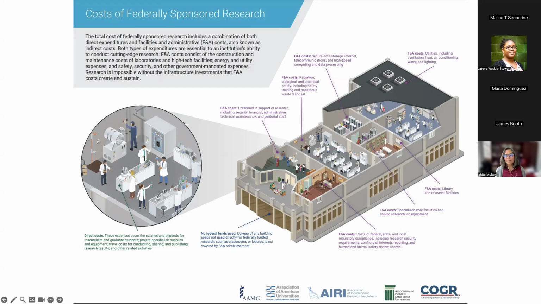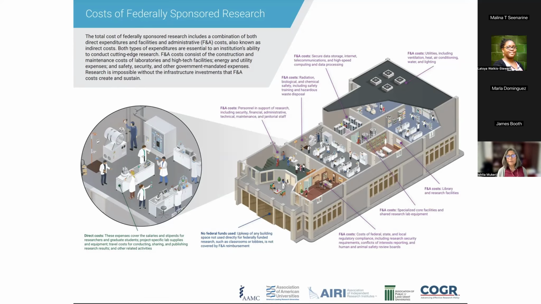Then over here, this represents costs associated with, let's say, hazardous waste, if you use radiation: radiation safety, chemical safety, safety training, hazardous waste disposal. Those things come under indirect costs.